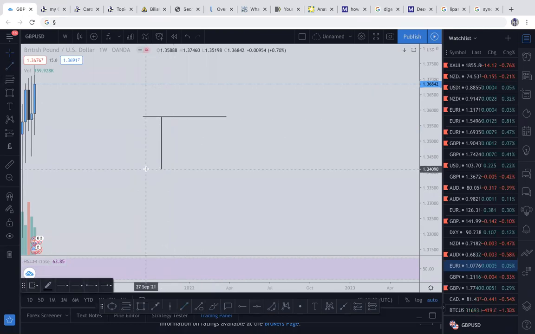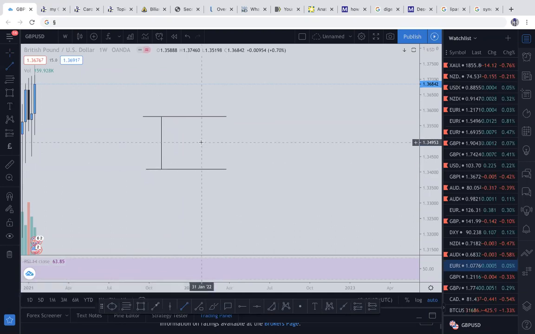And where the daily candle reversed, there is liquidity sitting here. And this applies to every single daily candle, weekly candle, and monthly candle.